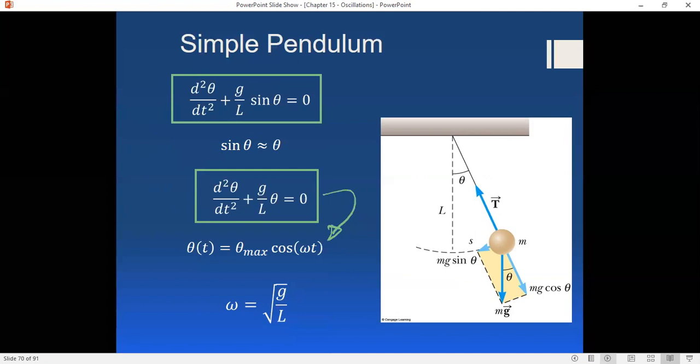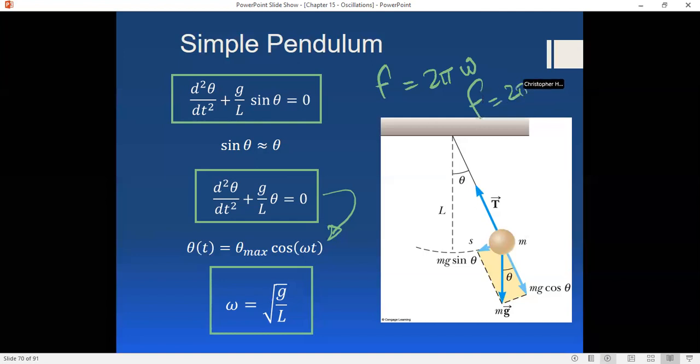So looking at this, the angular velocity, or the angular frequency, is going to be equal to the square root of g over L. We know that frequency is 2 pi times omega. So the frequency is going to be equal to 2 pi square root g over L. Okay? So that is not the solution to the pendulum. It's a solution to the pendulum when we take the small angle approximation.